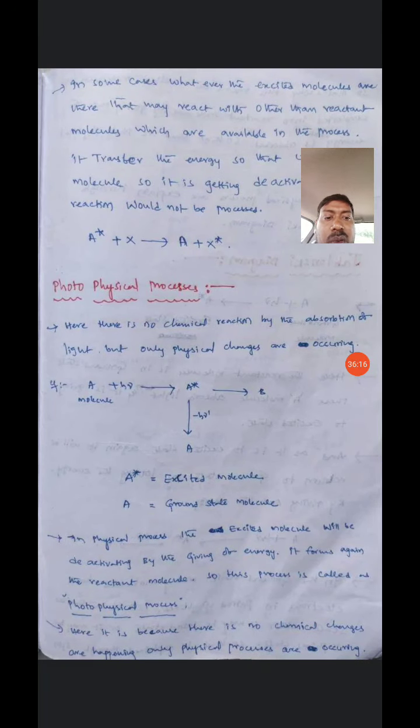Generally, in a photophysical process there are no chemical reactions by the absorption of light, only physical changes are occurring. One example: A is the reactant molecule. It absorbs light h nu and forms A star, the excited state molecule, and this loses energy and again forms the reactant molecule.